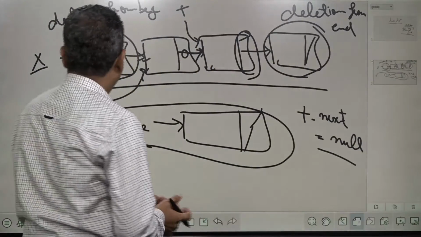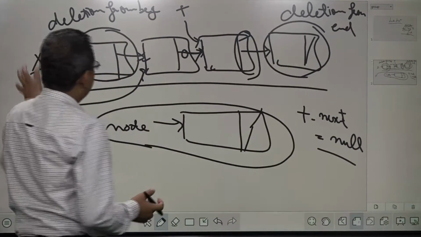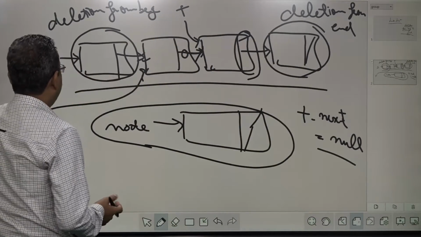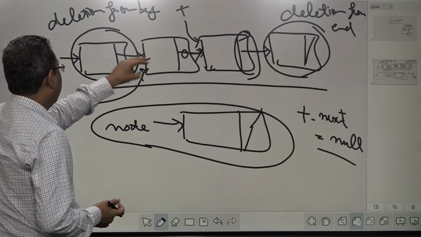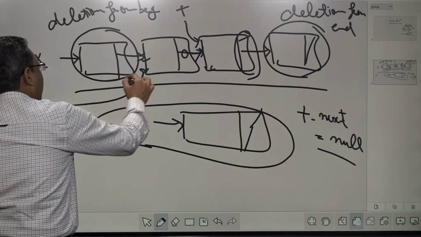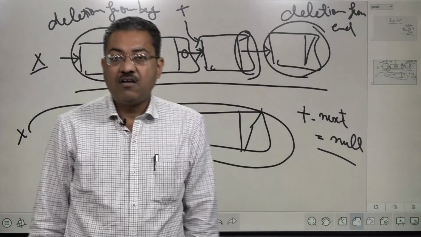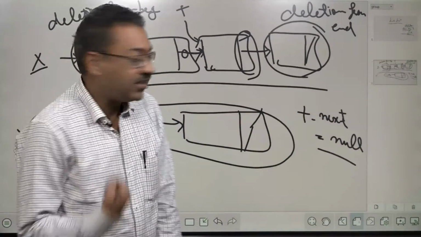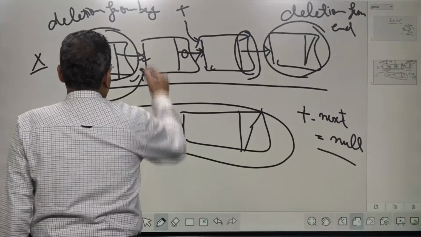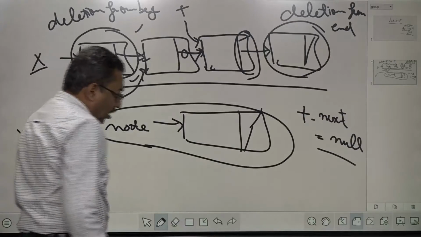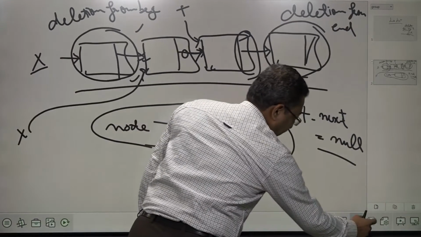The invoking object is going to call this function, and this function must do this and return the reference of the next node, right? Okay, how is it possible?